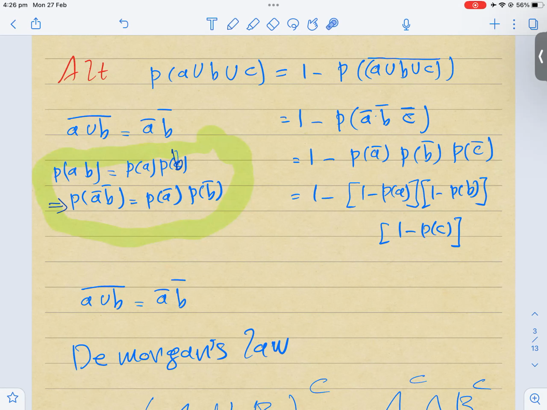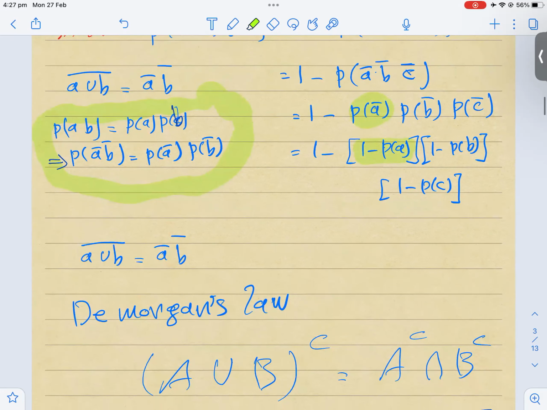So from here, 1 minus the probability of A bar, the probability of B bar, the probability of C bar. The probability of A bar is just this single probability, equal to 1 minus the probability of A. This probability of B bar is equal to the probability of this highlighted one.